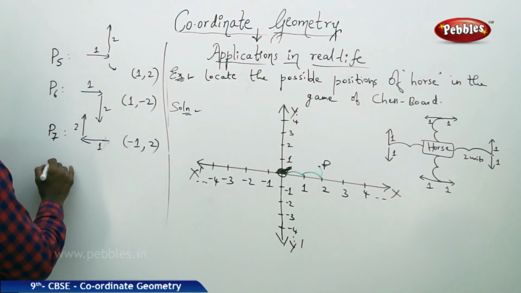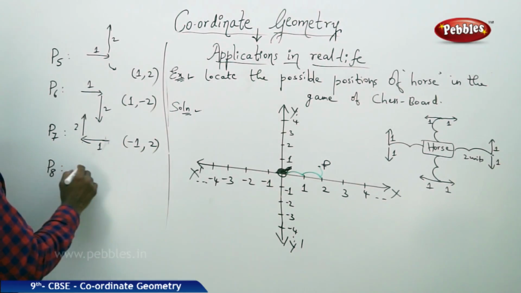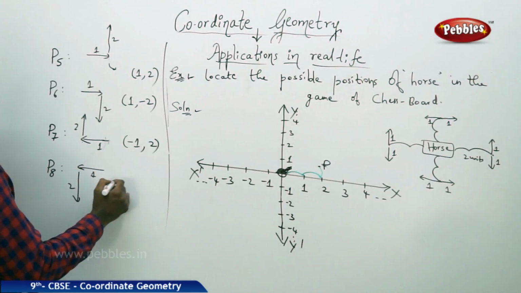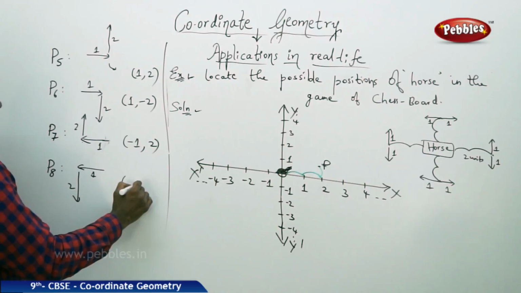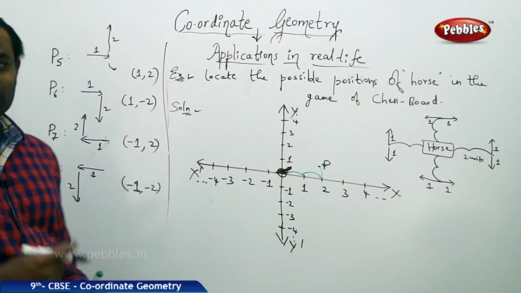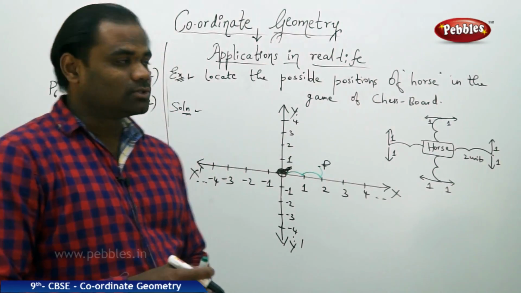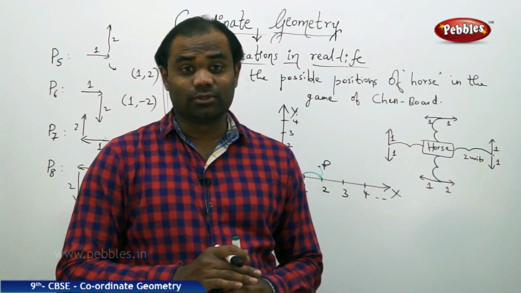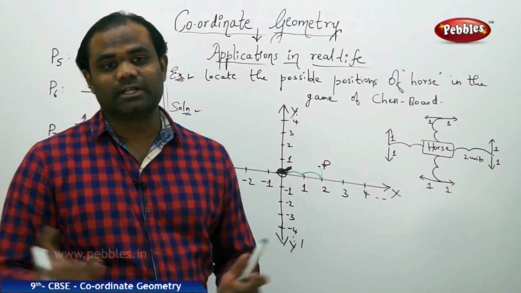Similarly, the last case is that the horse can move 1 unit left and 2 units down, and therefore it moves both ways: -1 and -2. Moving to the left is -1, moving down is -2. So these are the 4 possible coordinates which I identify through the horse moving in all of its directions.